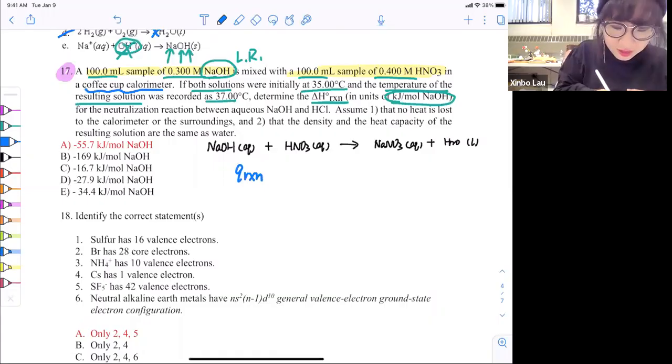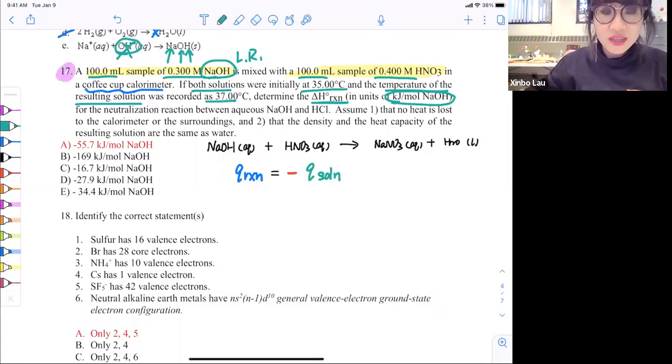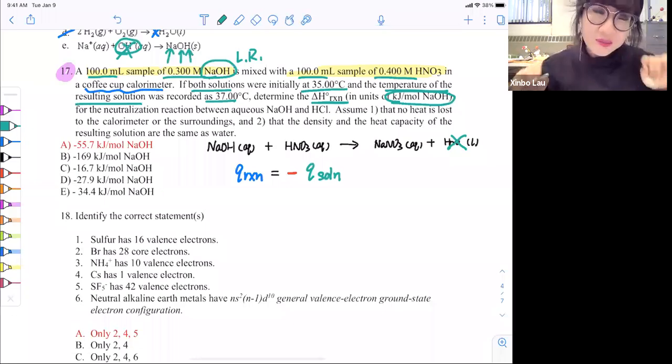The Q of the reaction equals negative Q of the surroundings, and in this case the surroundings are actually the solution. The solution itself is water. That water is not this water, which is only a small amount resulting from this reaction. The water I'm talking about is that solution.